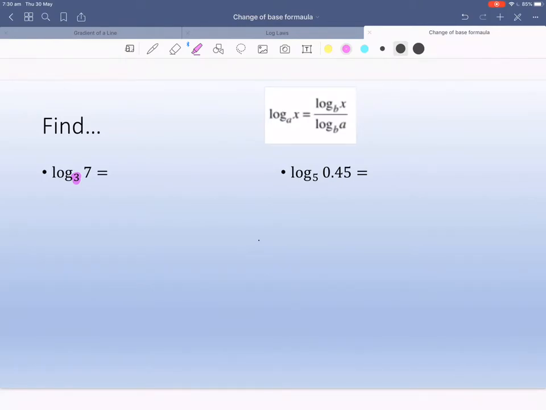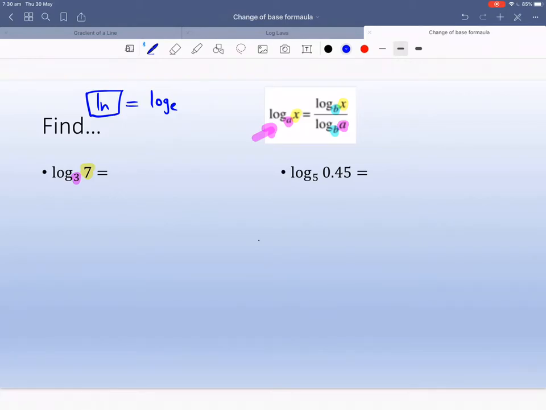I've got my formula here, and I know that the 3 I've highlighted is A, and 7 is X. So I need to change it to X and A, and then the base I can choose. For the purpose of this video, ln is equal to log to the base e, so I'm going to use that button.